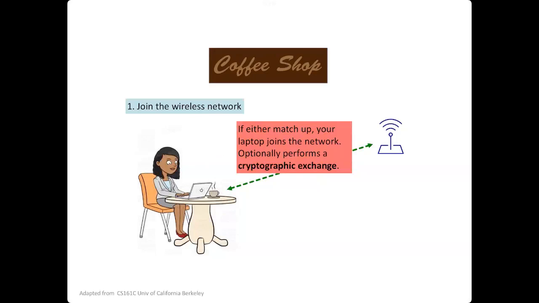So either it matches up and then joins, otherwise you use a password to log in to the Wi-Fi network. These are only two things. It means the password is already stored in your laptop, it matches the password in the Wi-Fi point, and the connection happens. So what will happen next?